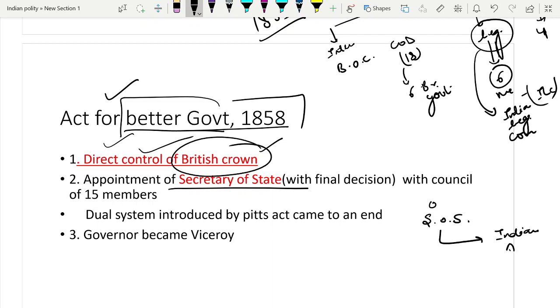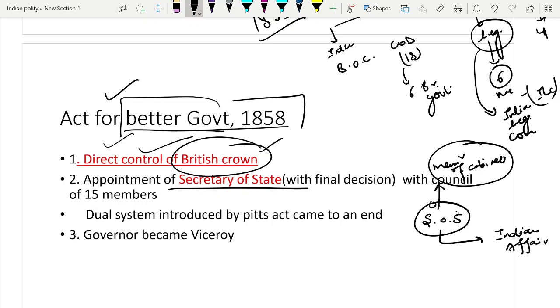All the Indian affairs will be controlled by this SOS, and this SOS was a member of the cabinet in the British government. This SOS also had a council of 15 members in order to assist him. But this council had only an advisory role. All the powers were vested in the post of Secretary of State.